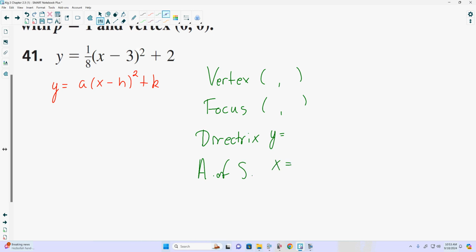In the general form, our vertex is the point h comma k. Our focus is h comma k plus p. Our directrix is y equals k minus p, and axis of symmetry, x equals h. Across all of these, we need the values of h, k, and p.